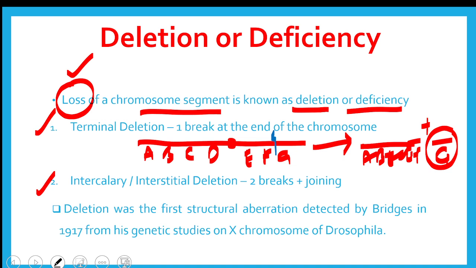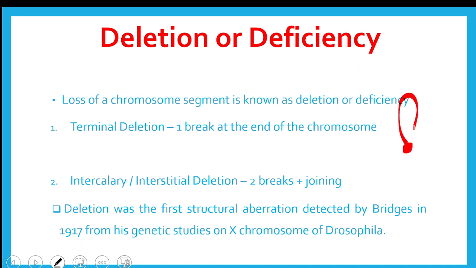Because when a chromosome is broken, let us say here, this part can rejoin with another one, or it is completely lost. Why?